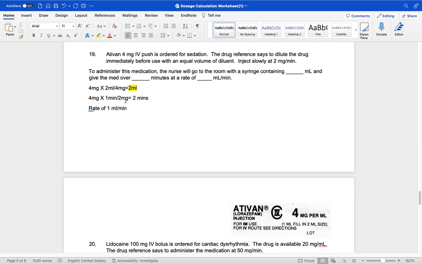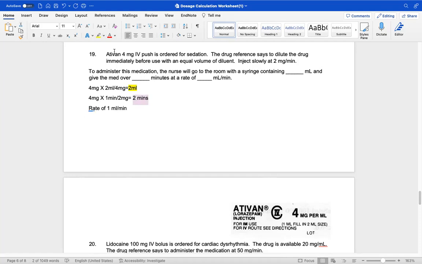We're going to break down into the next step of this. It says, so now we know we have 2 mLs, and give the med over how many minutes. So we know that we are supposed to give this medication at 2 milligrams per minute. We have a 4 milligram ordered dose and we are giving 2 milligrams per 1 minute.